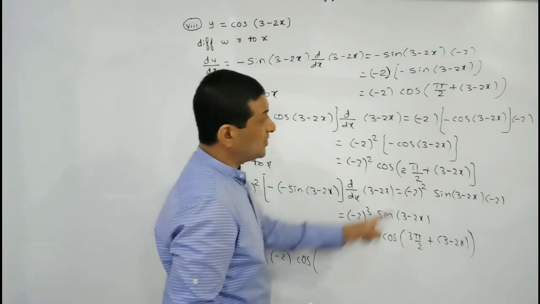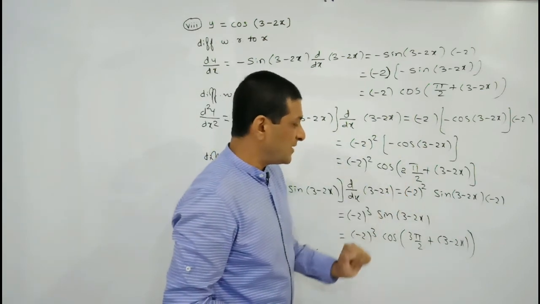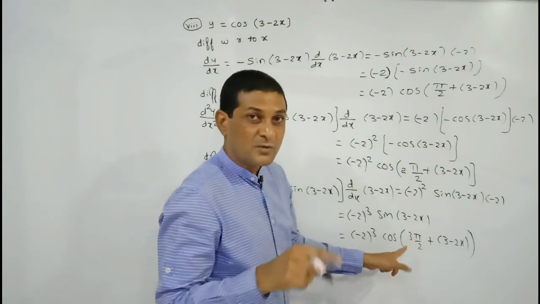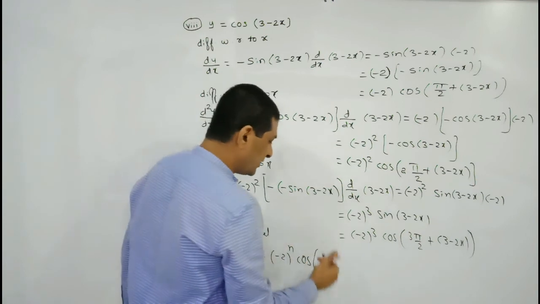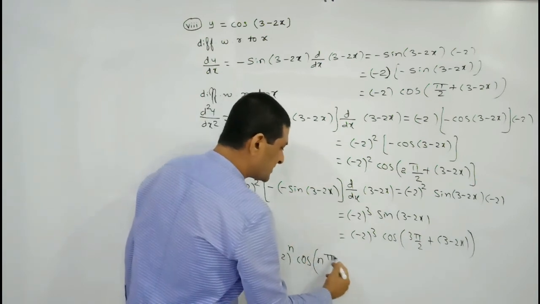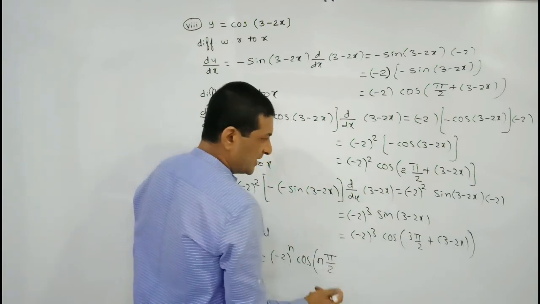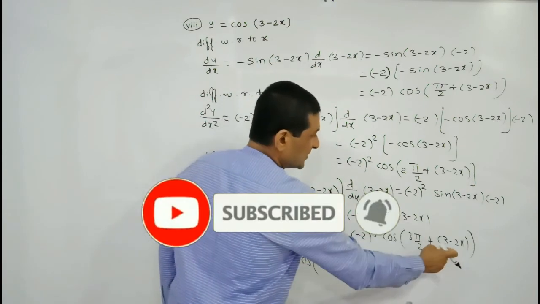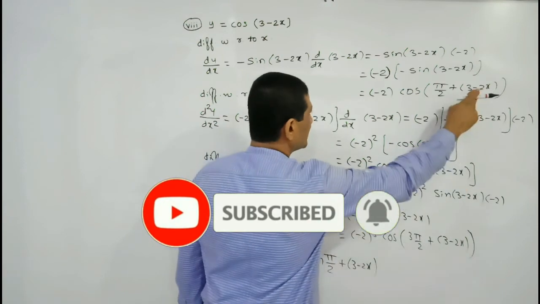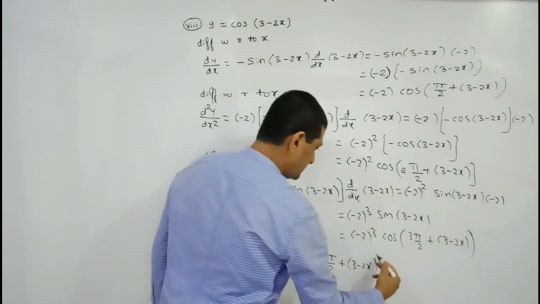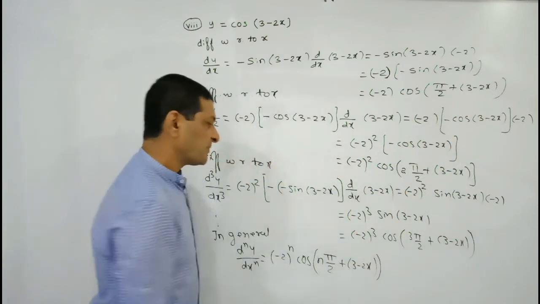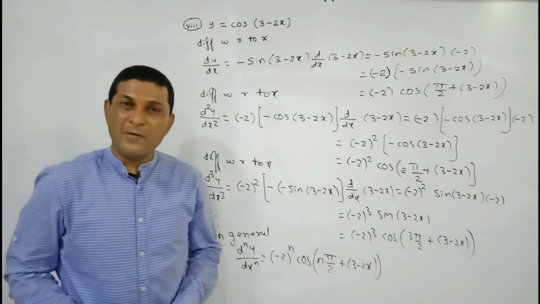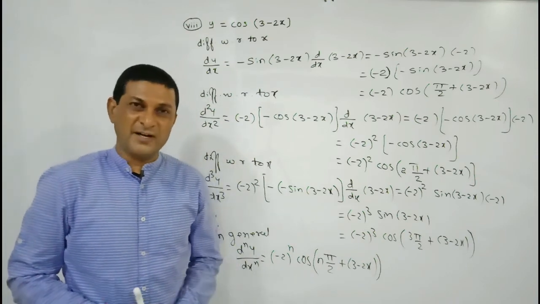But here the coefficient of pi by 2 is 1, here it is 2, and in the third order derivative the coefficient of pi by 2 is 3, means in the nth order derivative we can say that the coefficient of pi by 2 will be n. Keep the remaining term the same in every case, that is plus 3 minus 2x, plus 3 minus 2x, plus 3 minus 2x, isn't it? So in this way we have got our required value, means the nth order derivative.